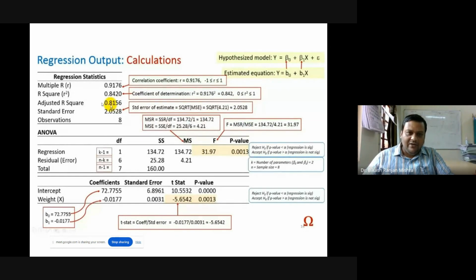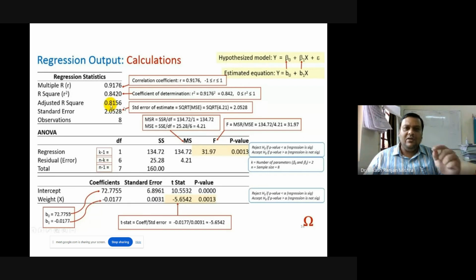That's why you deflate with respect to the number of parameters, degrees of freedom, and number of observations. Then the adjusted R square will be lower, because in multiple regression analysis, the inclusion of more covariates increases R square, while the adjusted R square penalizes it.